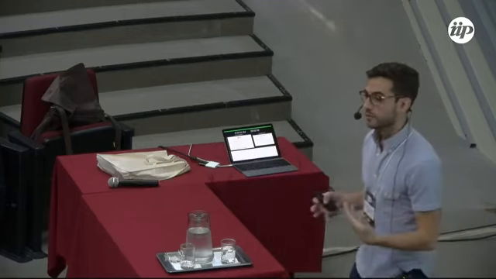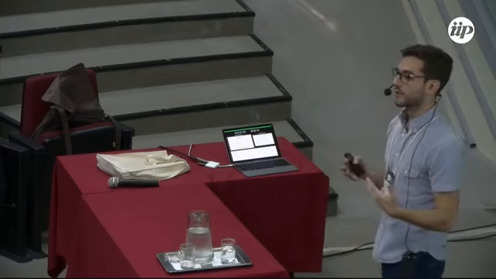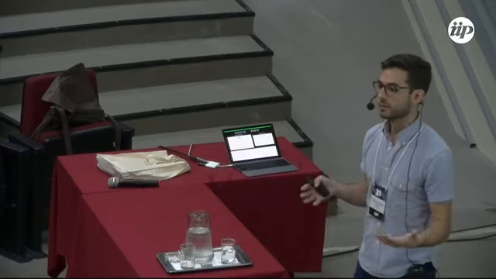Finally, there's a more hands-on component to this, which is that you should be able to, at the end, be comfortable accessing and manipulating the data that LIGO and Virgo make public for you to use.